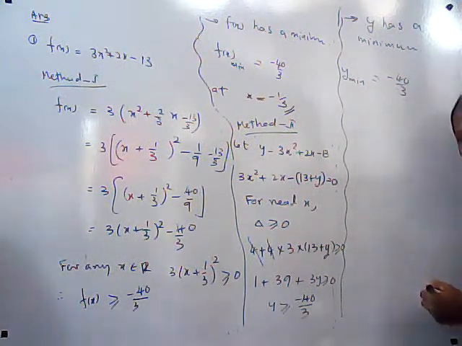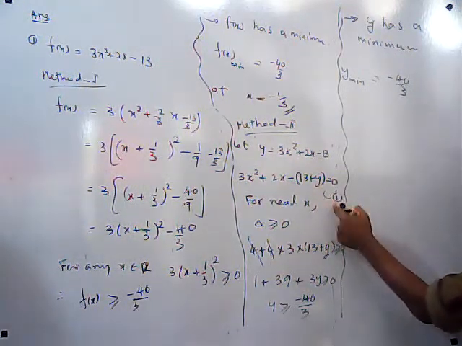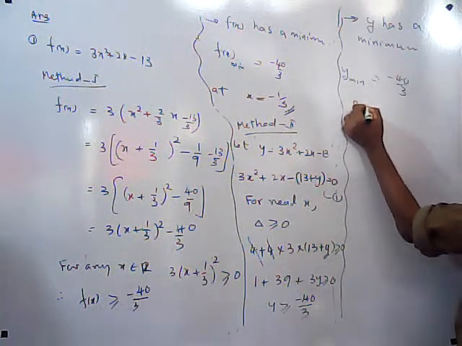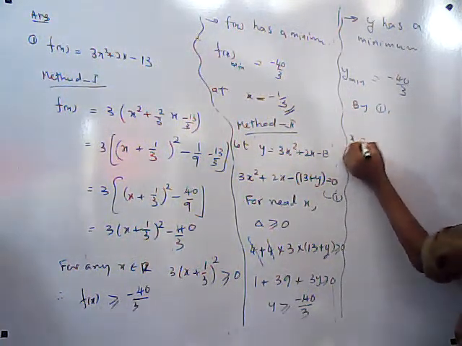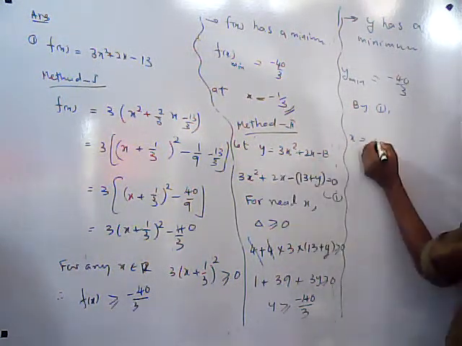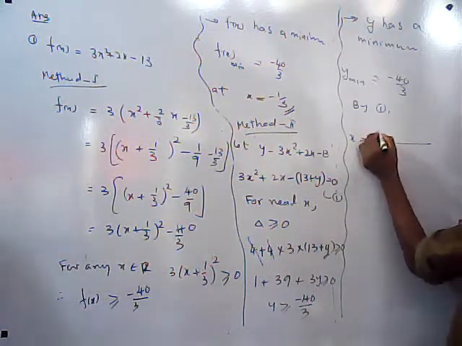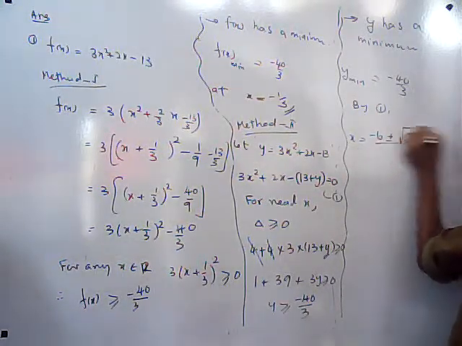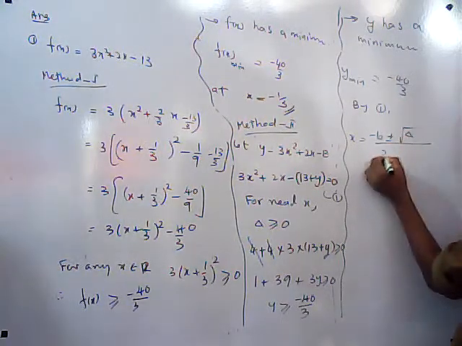Right? We want to find the value of x for which y is minimum. So by 1, then by 1 you get x equals, if you want to find x from this quadratic equation, then you are applying the formula x equals minus b plus or minus root of delta divided by 2a.